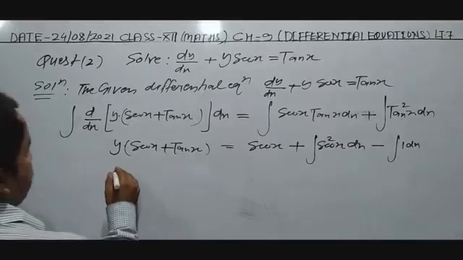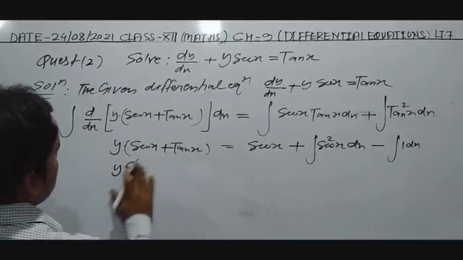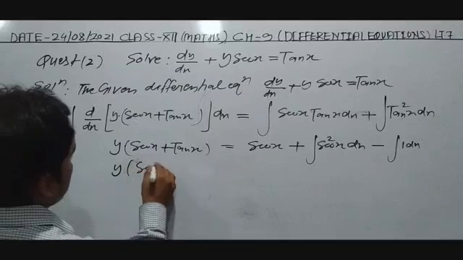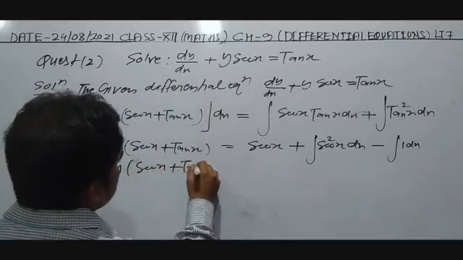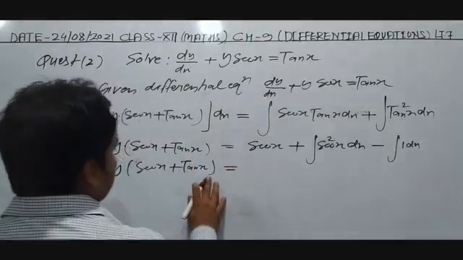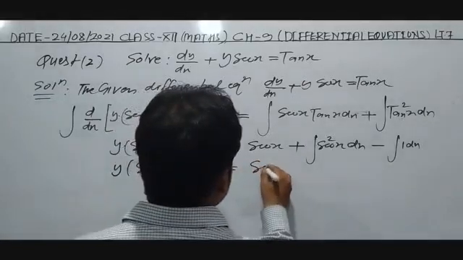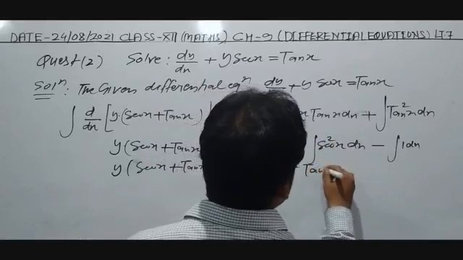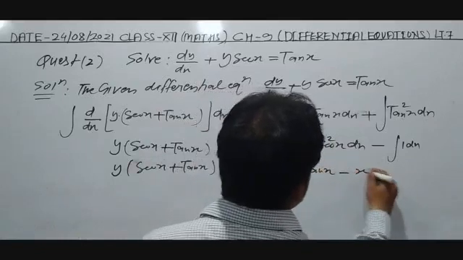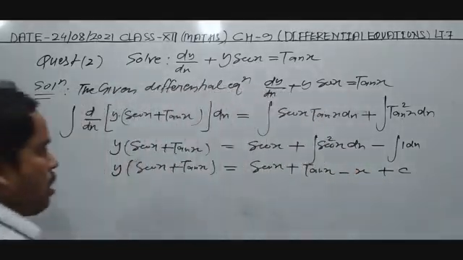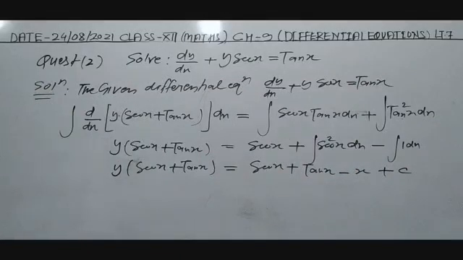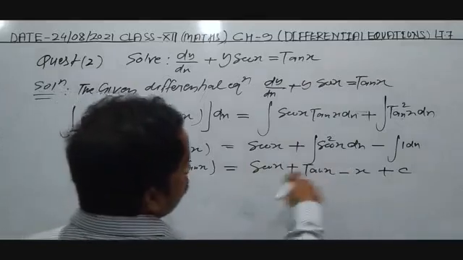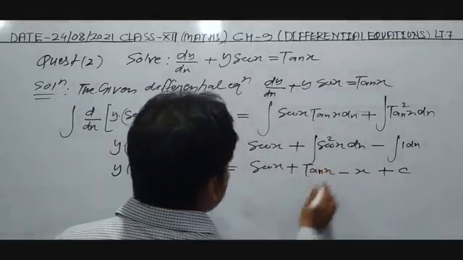So y times (sec x plus tan x) is equal to sec x plus, its integration is tan x minus x, plus c. So sec x plus tan x we can send in the denominator, so leave it.